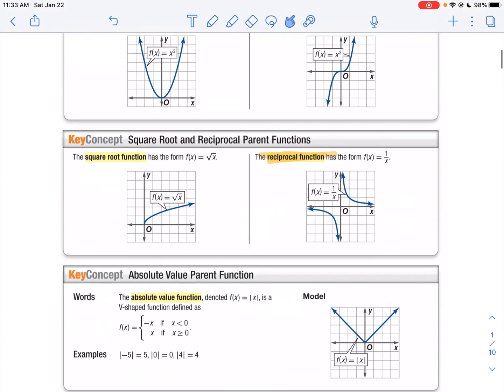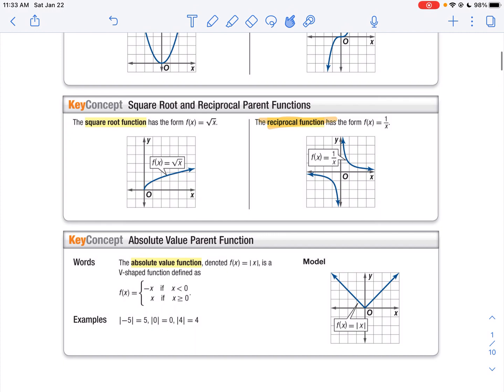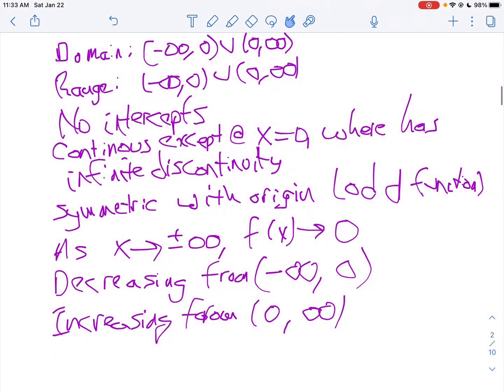Make sure I looked at that right. It's actually decreasing on both, isn't it? I should have looked at my graph. I've got to go back and change that. So it's decreasing the entire way. I'm going to erase that, and I'm going to say the graph is always decreasing.